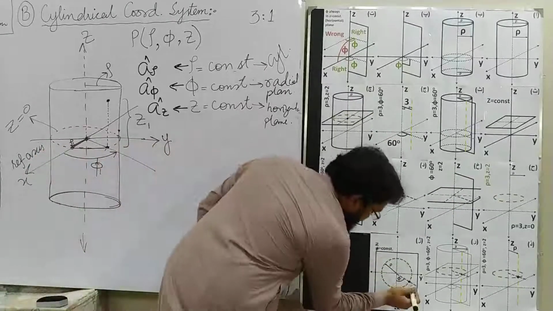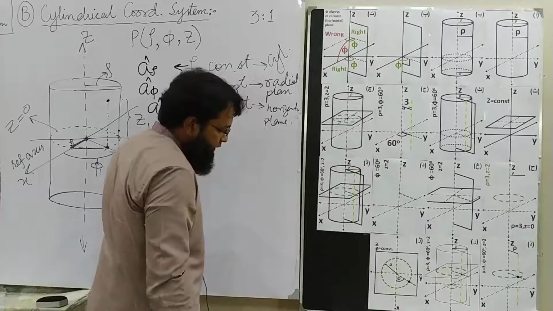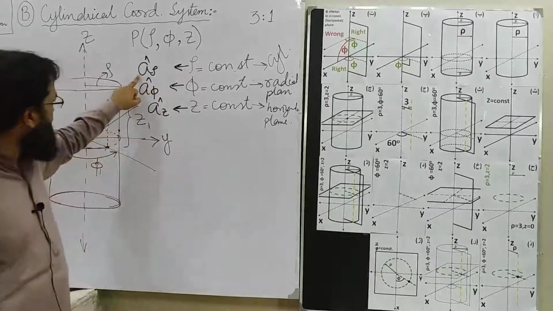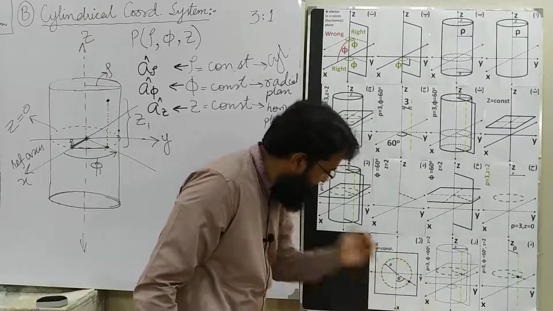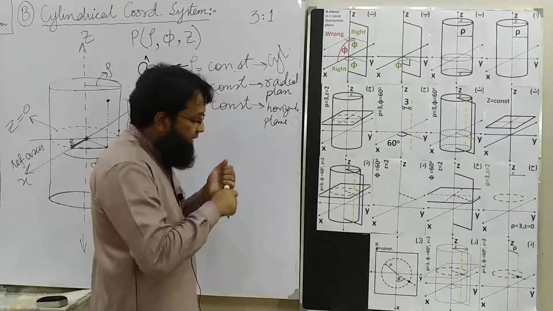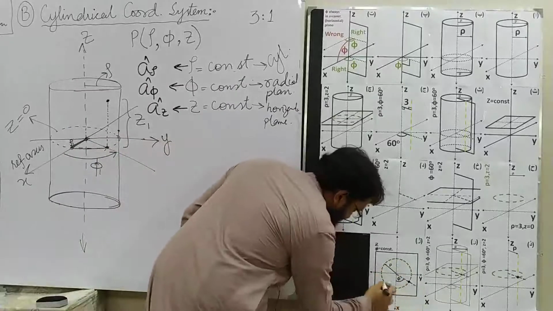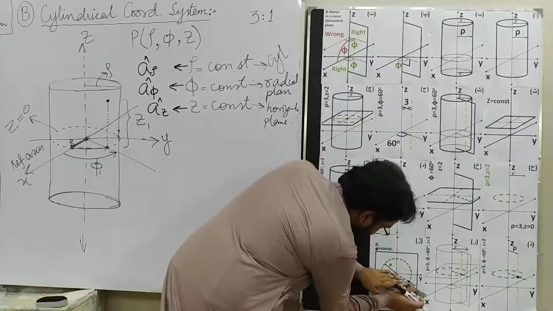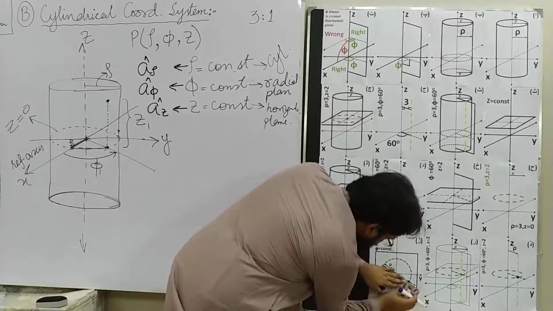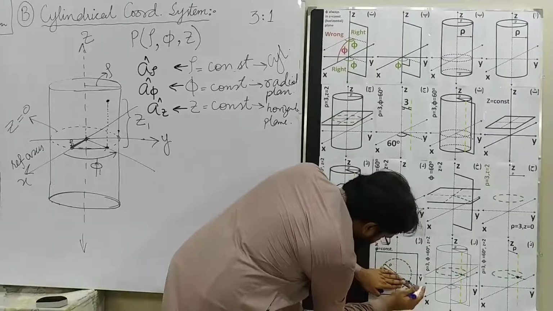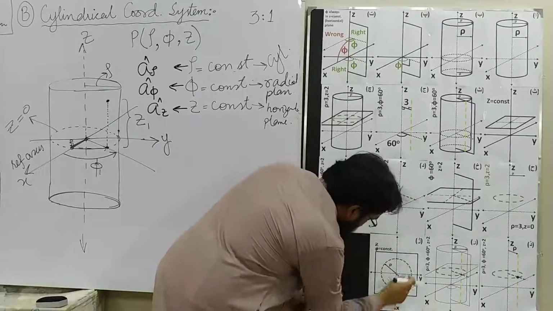So if I am here at this point P, which is formed by the intersection of these three planes, and I want to find the direction of a rho, I should move from that point in a direction which is perpendicular to the rho equals constant surface, meaning this is the circle, and we know that the radial line, I am now using the blue marker, is perpendicular to this green circle.